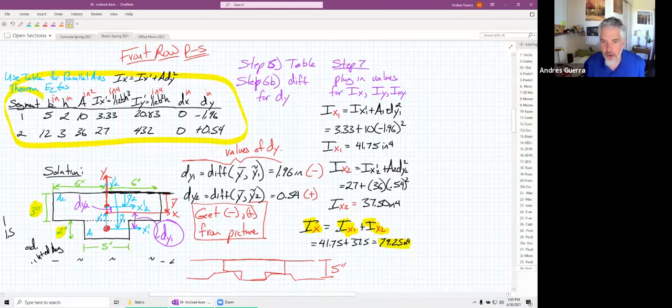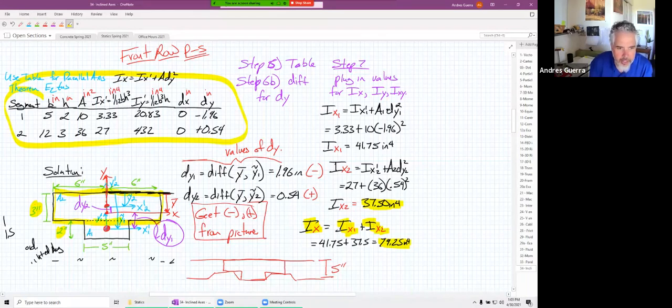The cool thing, though, is that even though we're reducing the volume, we're getting the strength and the stiffness of a 5-inch slab. And I want to point out specifically, look how much stiffness we get out of this top rectangle. The top rectangle was rectangle number 2. IX2, we get 37.5 inches to the fourth.